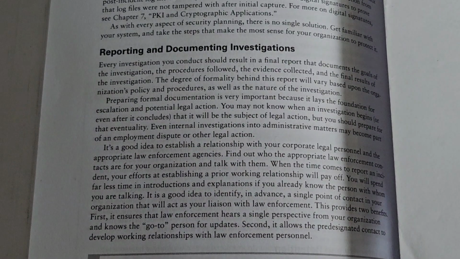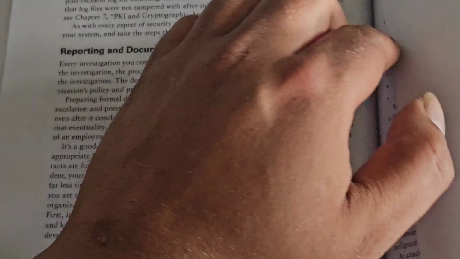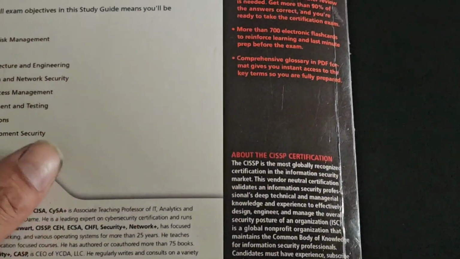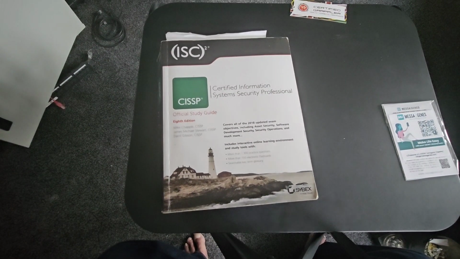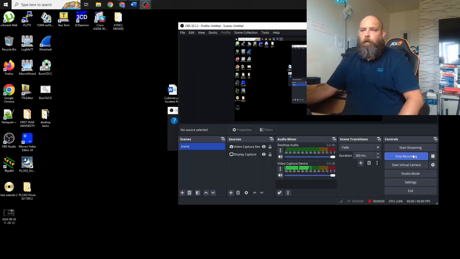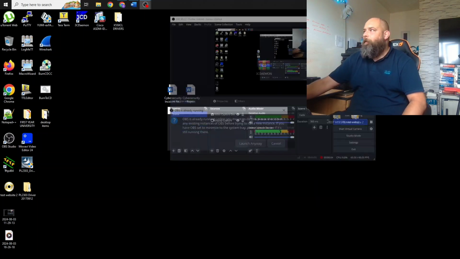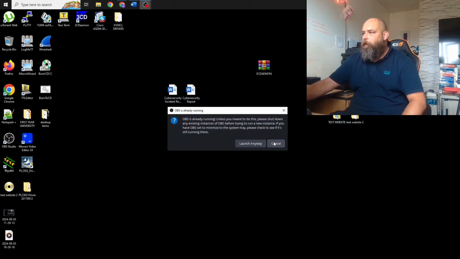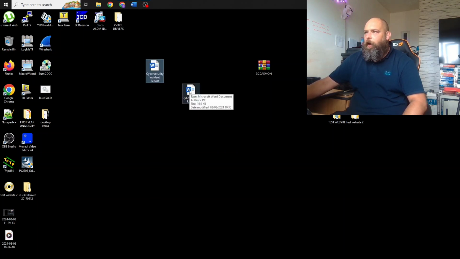Okay, so basically what we can do now is move over to our computer and take a look at what a couple of cybersecurity policies may entail. Okay, so we are at the computer and we are going to take a look at our cybersecurity documents that we have.